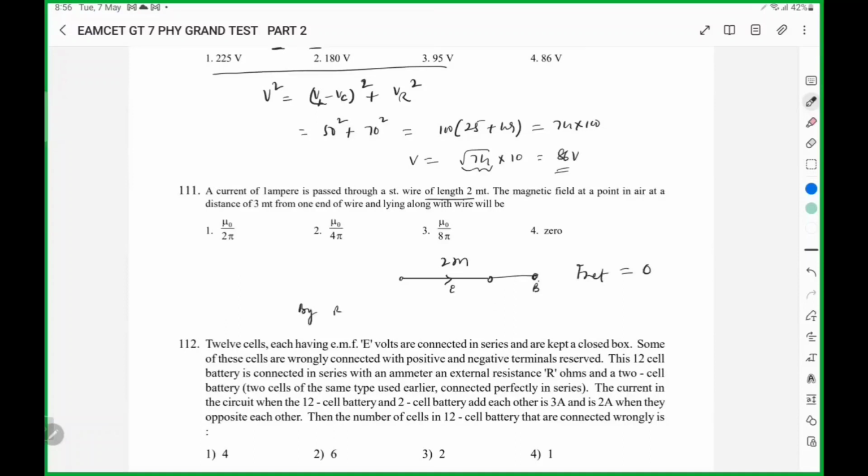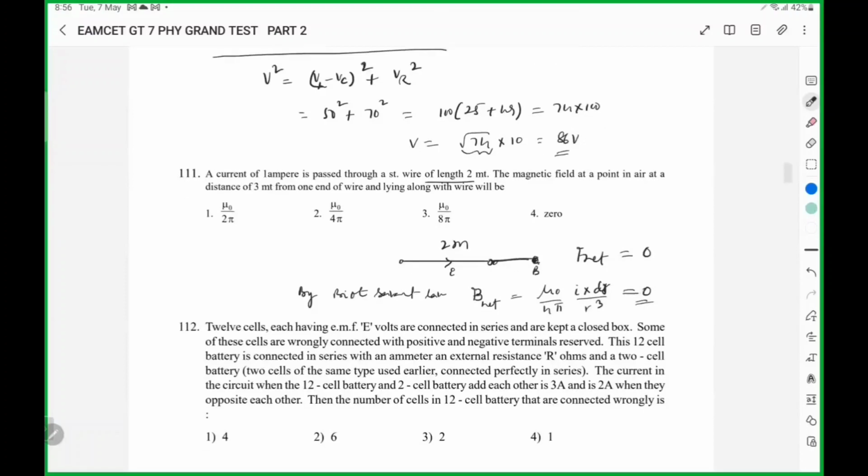By Biot-Savart's law, the magnetic field is mu naught by 4 pi, I cross dL, by R cubed. Here the current element and dr are both in the same direction, so I cross dr will be 0.